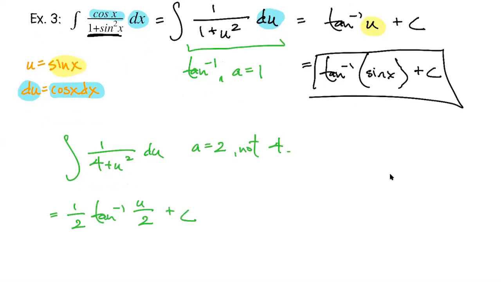I have a quick question about the arctan formula. If you have a number or a coefficient in front of the u, you're supposed to factor it out, right? Yes, you want to factor that out.